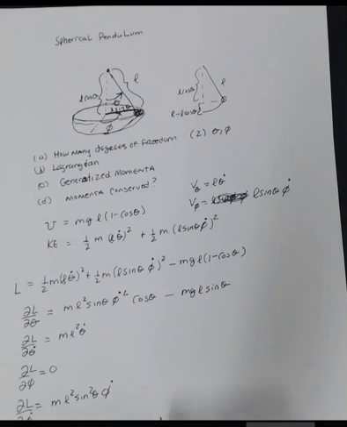So you may ask, why is it 0? Well, it's because that's equal to dL d phi, and we know that's 0. So this implies that this quantity, m L squared sine squared theta phi dot, is a constant.